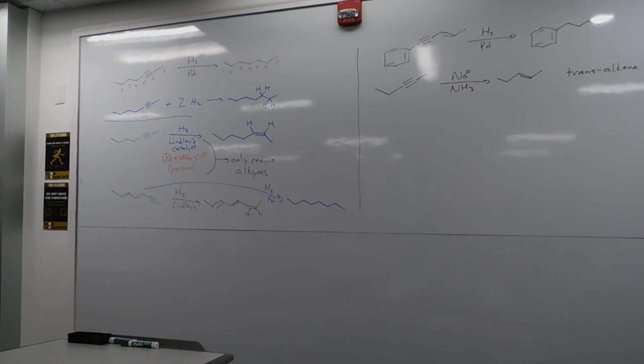It's actually a really complex mechanism. If you're enjoying mechanisms in this class, chapter 9 has it's like a whole page. And it's a beautiful reaction to run. If you dissolve sodium and ammonia, you get this really lovely blue color. A much deeper blue. So ozonolysis is basically Duke blue, and dissolving metals kind of Carolina blue, if you're from around this area. Really pretty color. But that reduces it to the trans alkene.